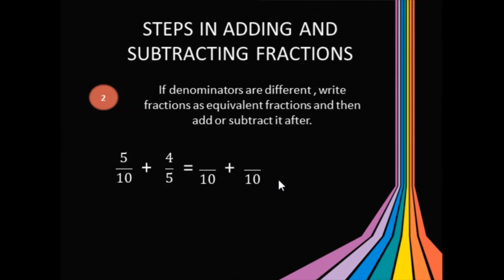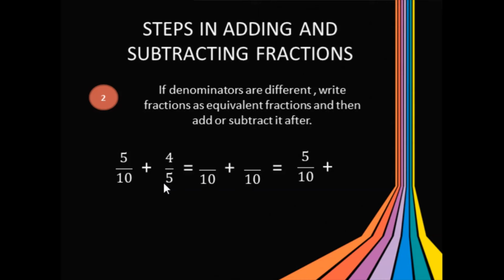And we follow the rule. We need to divide and multiply. 10 divided by 10 is equal to 1. Very good. Times 5, we get 5/10. Can you follow? Okay, and then let's have the other fraction. It's 10 divided by 5 is equal to 2 times 4, we get 8. Very good. So our answer is 5/10 plus 8/10.